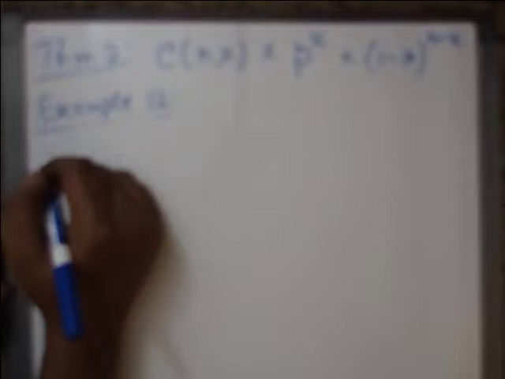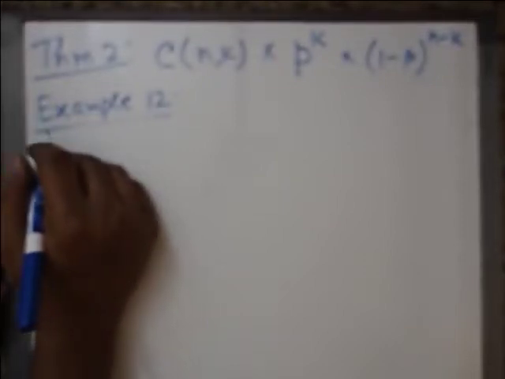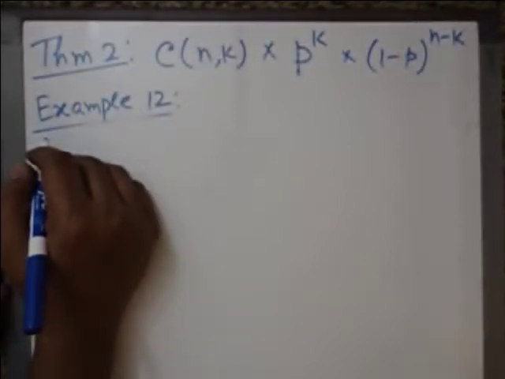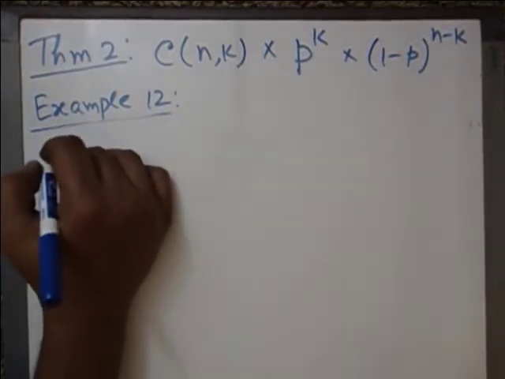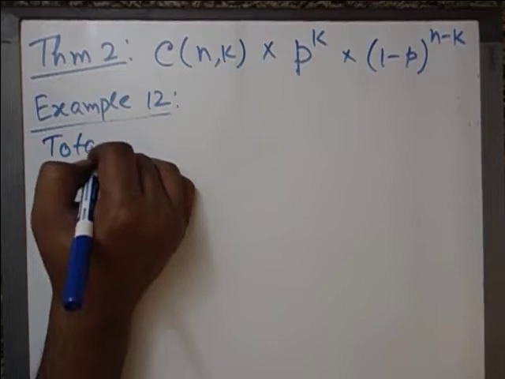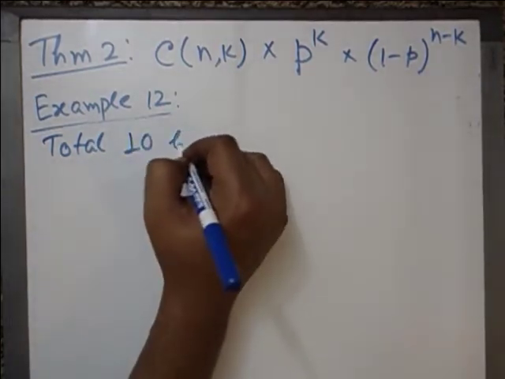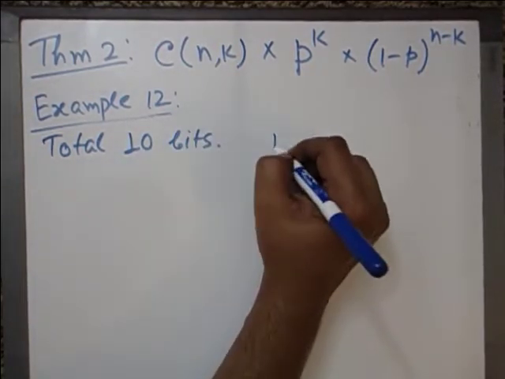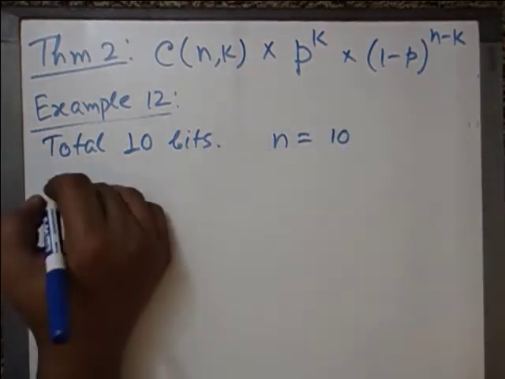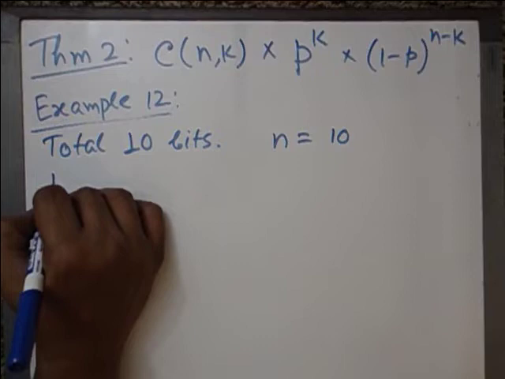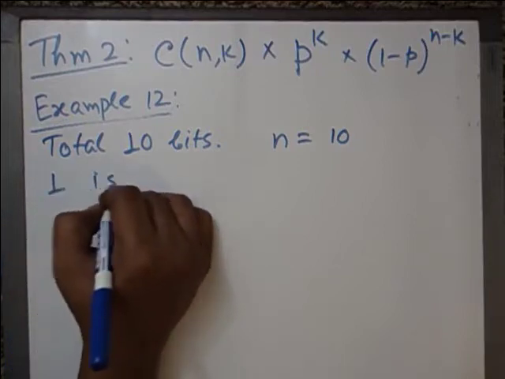We have this experiment generating a bit string. So generating one single bit is our trial. How many bits are we generating? Total 10 bits. So n equals 10 for this problem. And we say if we generate 1, that is success.